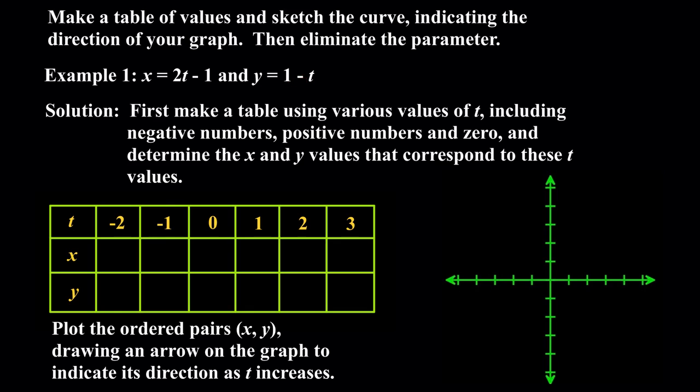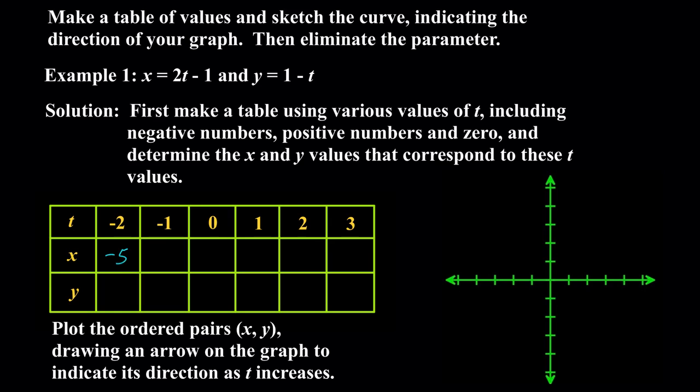So the first thing is we need to make a table using various values of t, including negative numbers, positive numbers, and 0 to get a representative number of points here. So when t is negative 2, you're going to put negative 2 in for t, so that gives you negative 4 minus 1, which is negative 5.